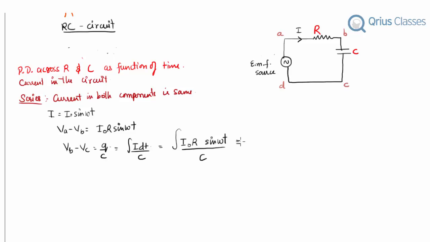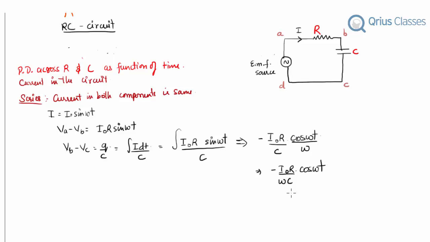So let's try to identify our result in a very generic form. This would give us I naught R by C, there will be a minus sign, and cos of omega t divided by omega. So this will give you I naught R by omega C cos of omega t.